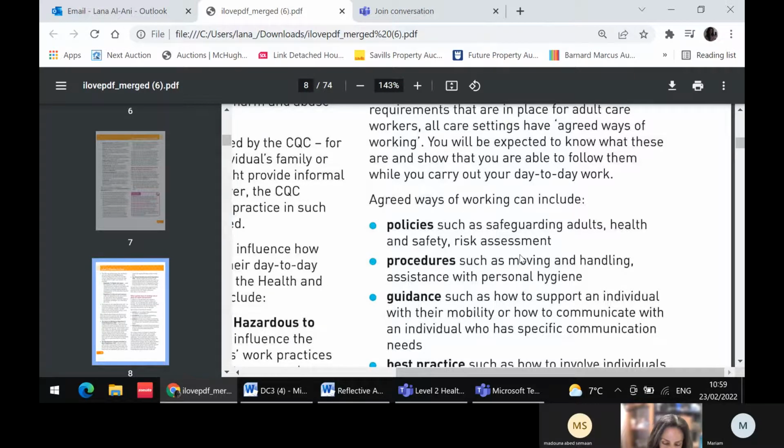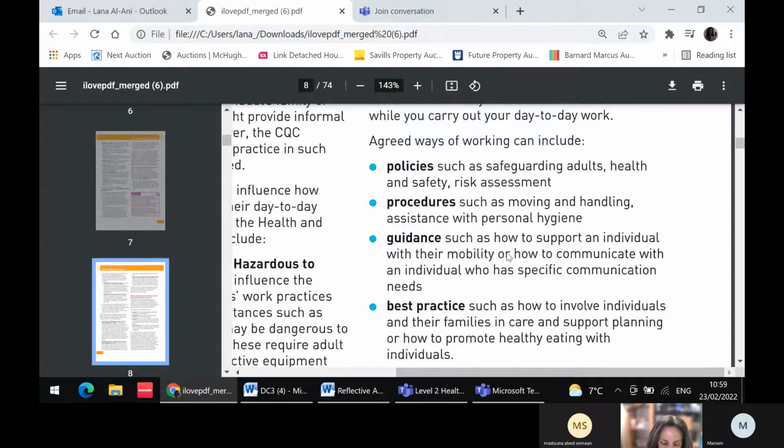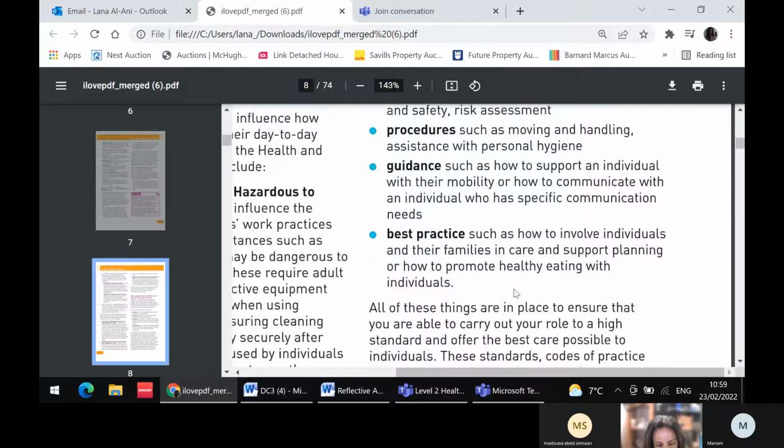extra special needs. And also best practice. Best practice means the best way you follow to provide excellent care. So best practice is all about how to involve the individual and their families in care and support planning, or how to promote healthy eating for the individual.